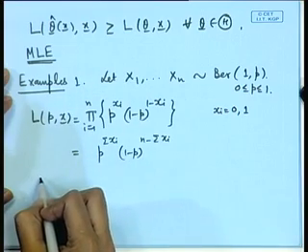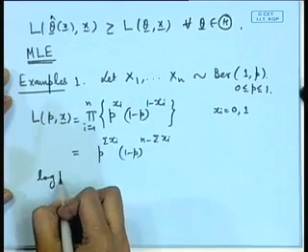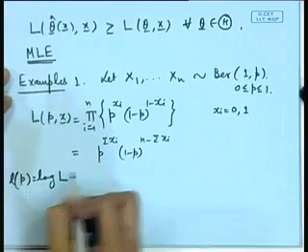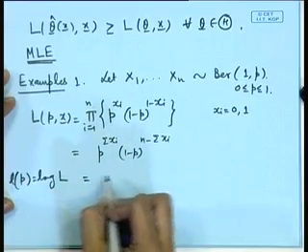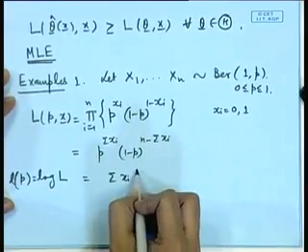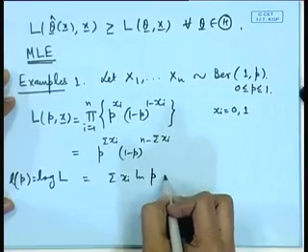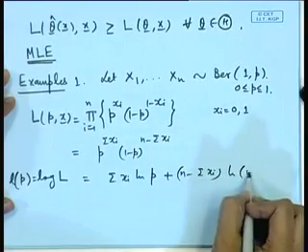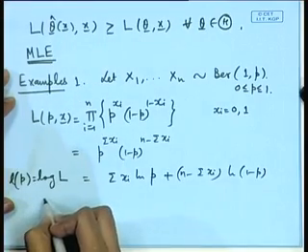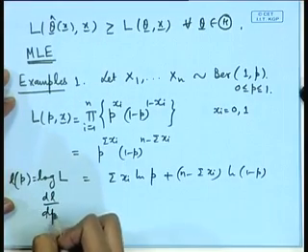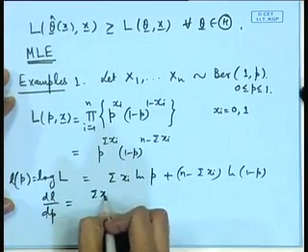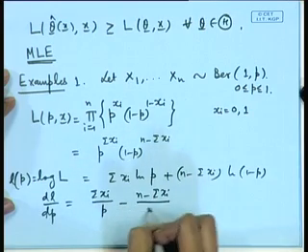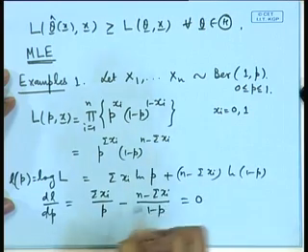So, what we can do, we can consider log of L, which I call small l of p, that is equal to sigma xi log p plus (n minus sigma xi) log of (1 minus p). So, dl by dp is equal to sigma xi by p minus (n minus sigma xi) by (1 minus p), that is equal to 0.